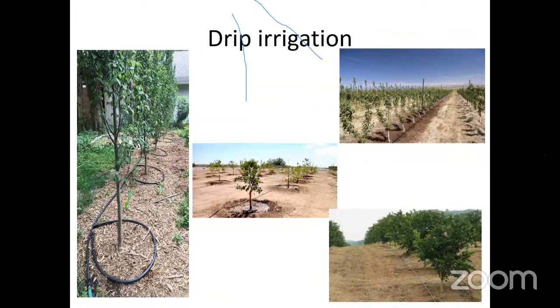So with any type of stress, either heat stress, water stress, nutrient stress, disease stress, the tree immediately drops the flowers.